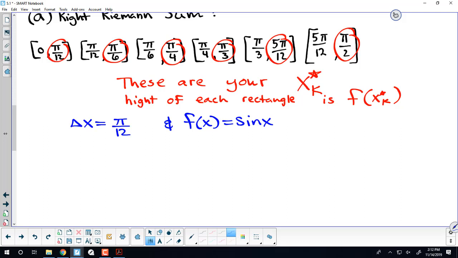Okay, so then the right Riemann sum. I'll just put a subscript r here. I don't think this is standard notation, but just for the area using the right Riemann sum is approximately the area of the first rectangle, which is pi over 12 times the height of the first rectangle.